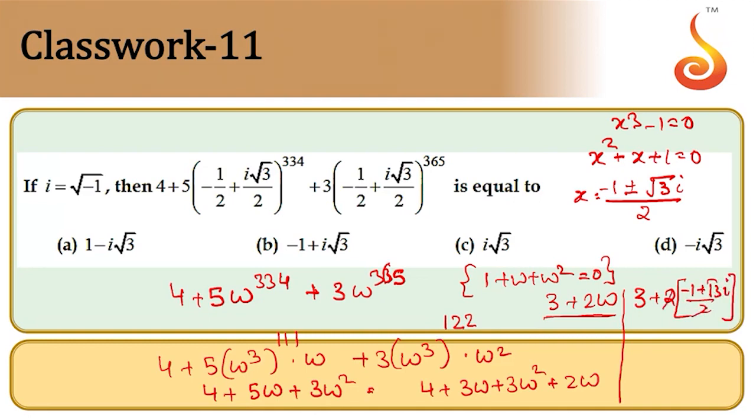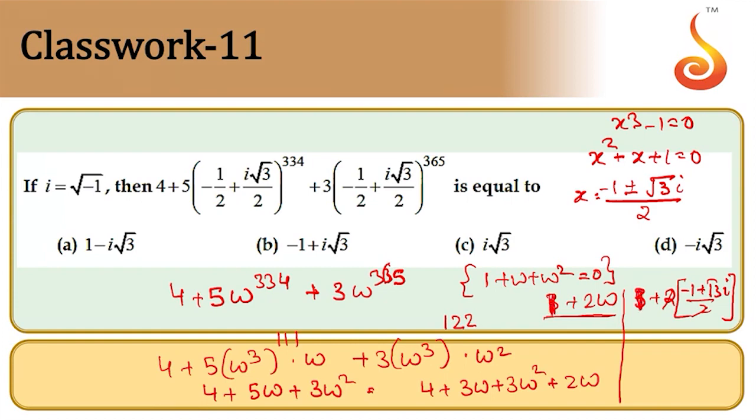So 2 and 2 will cancel. You get 3 + 2ω, the 2 will cancel, and what is left here is 4. Actually, minus 4, this will be 1.